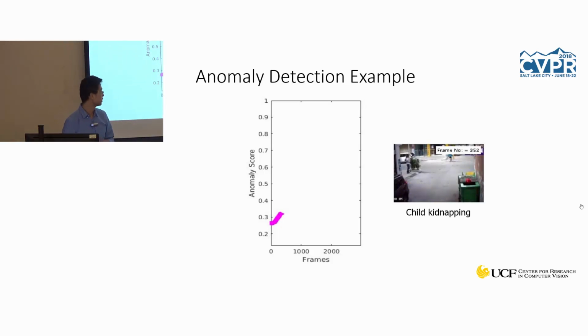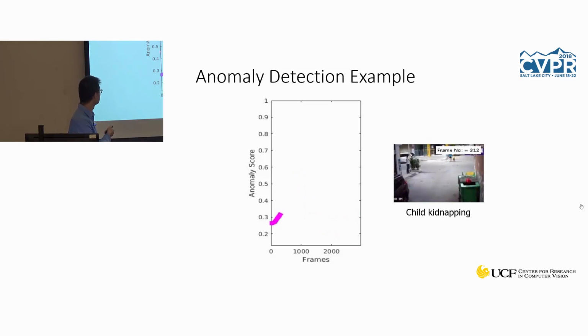So for anomaly detection, here's an example. On the right, there's a child kidnapping happening. Here you will see the anomaly score go up very high. The anomaly score is between 0 and 1, and 1 means there's a high chance an anomaly is happening.